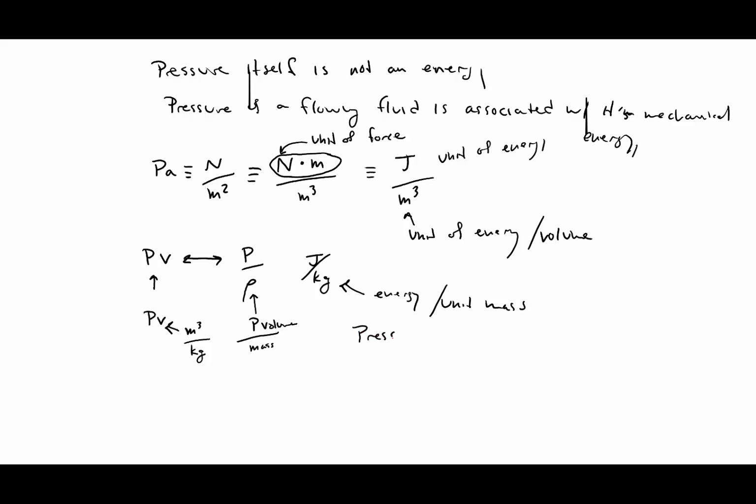So this is the pressure force acting on a fluid through a distance. This is this Newton meter, or like the pressure times the distance. So pressure force acting on a fluid through a distance per unit mass, that would be this P over rho. This is called the flow work.